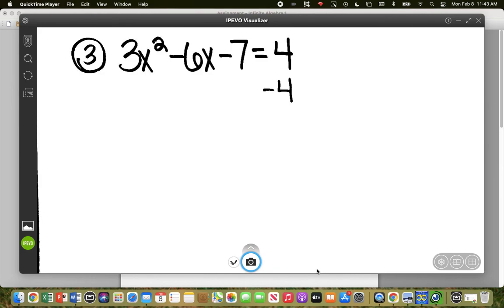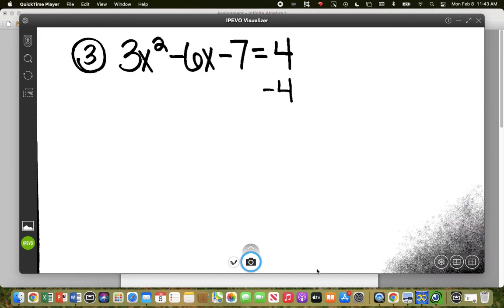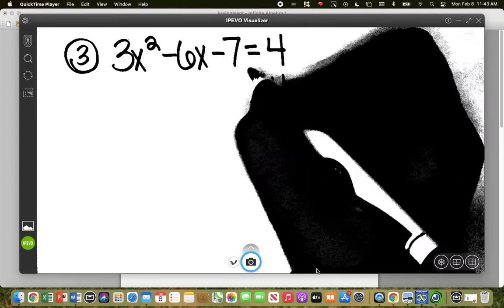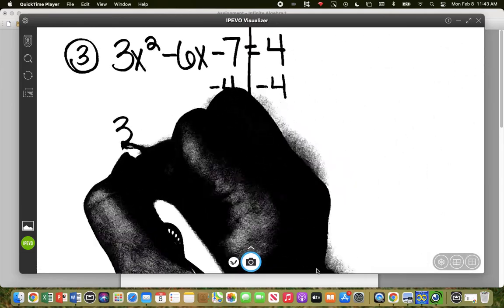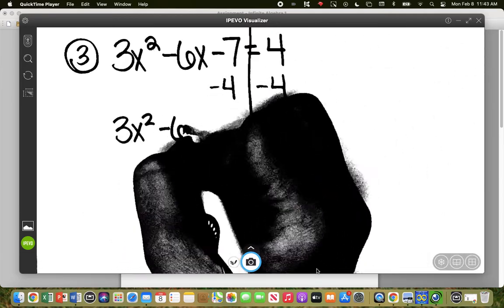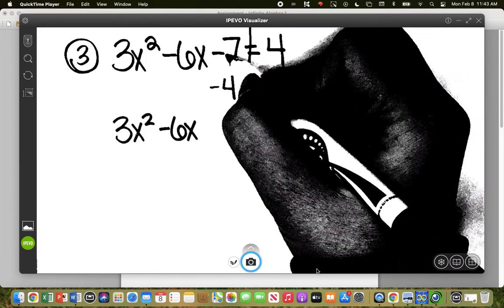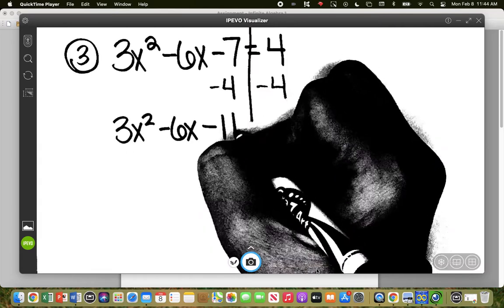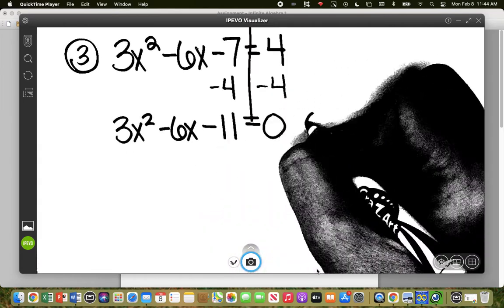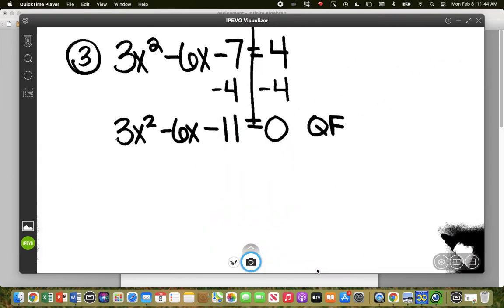Because on those last 2 examples, there was no like terms to combine it with. You just moved it over. But since there are more constants, that means a number without a variable, so this number doesn't have a variable, we're going to subtract the 4 from the negative 7. So this becomes 3x squared minus 6x. Now what is negative 7 and a negative 4 make? Minus 11 equals 0. Then we do the quadratic formula.